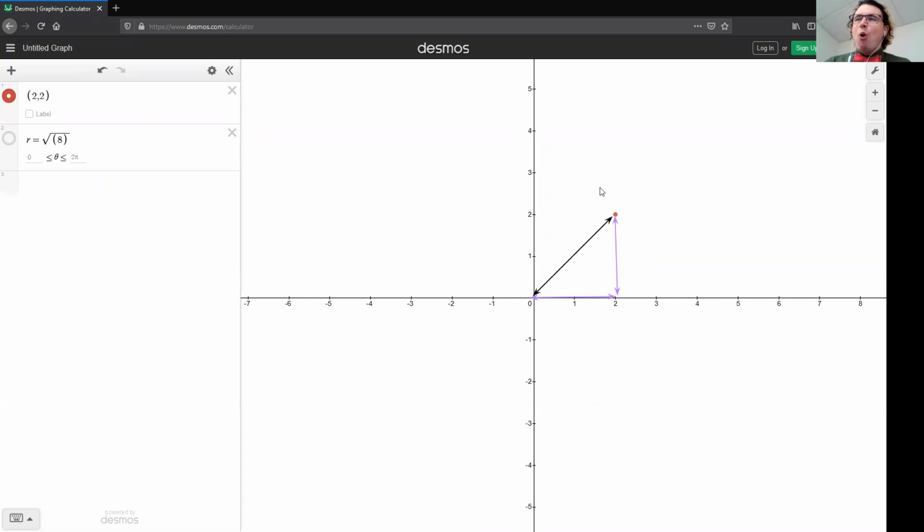So I've got some point that's described either in the polar coordinates r and theta, so my distance to the origin and my angle with the positive x-axis, or I've got the same point, but described in its x and y coordinates: distance from the y-axis, distance from the x-axis.